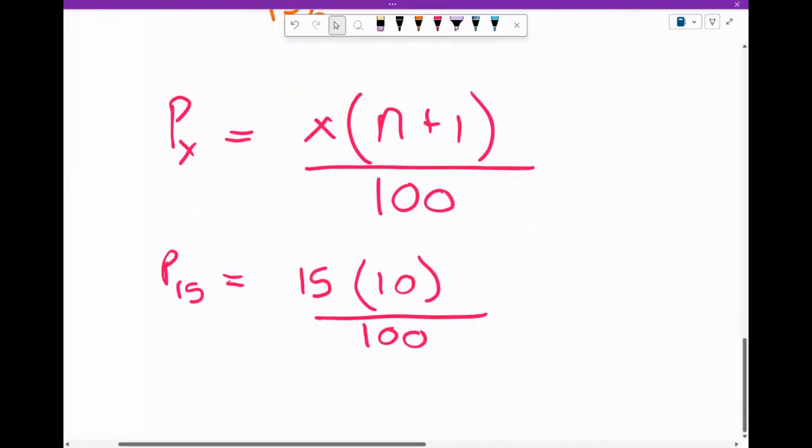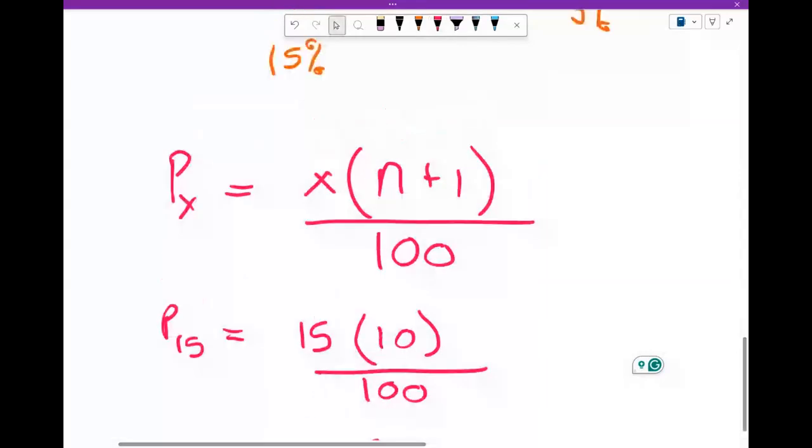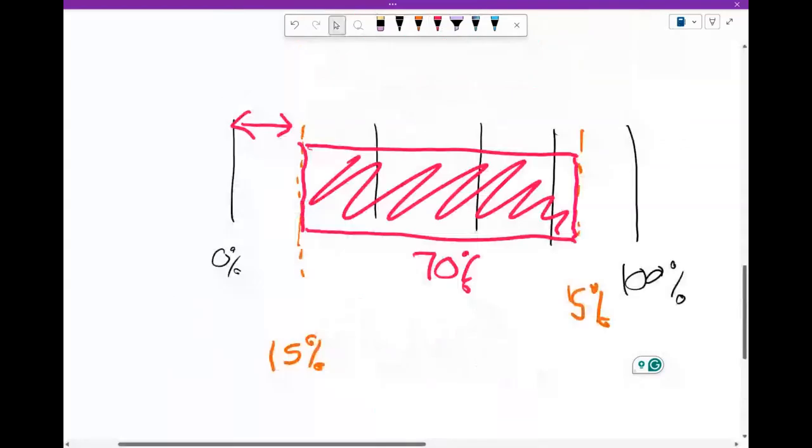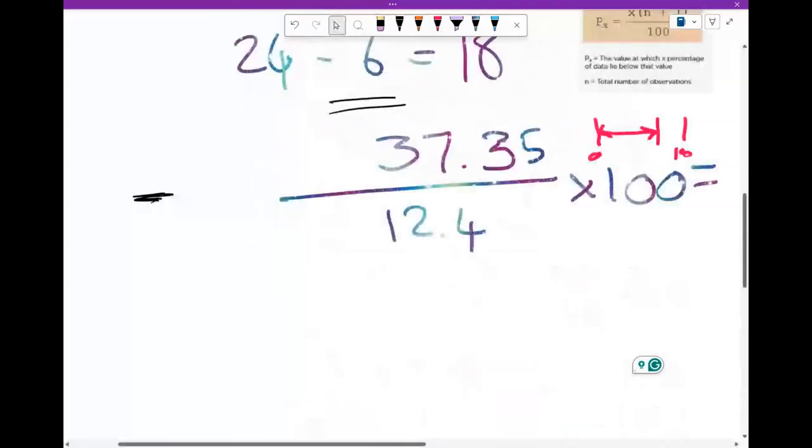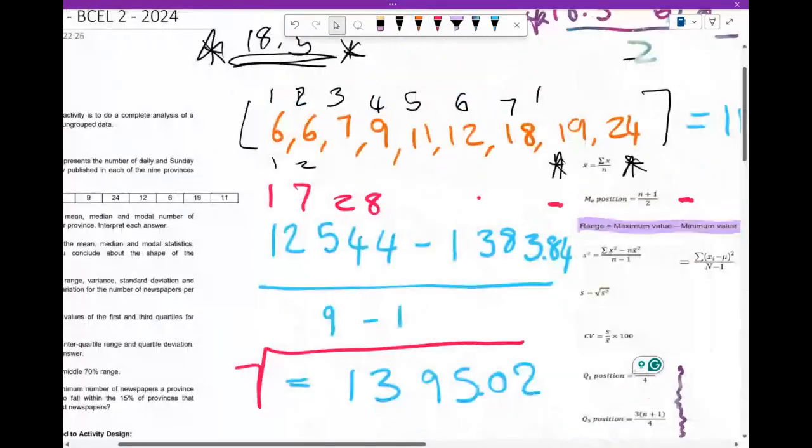So our answer here is 1.5. So then we go back, right? 1.5 again.